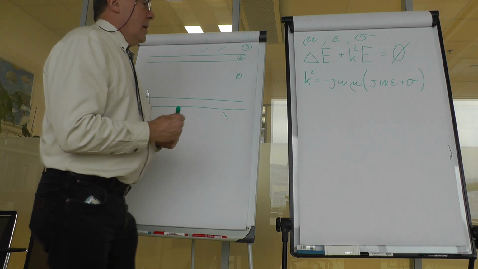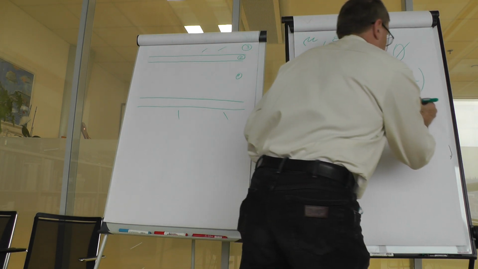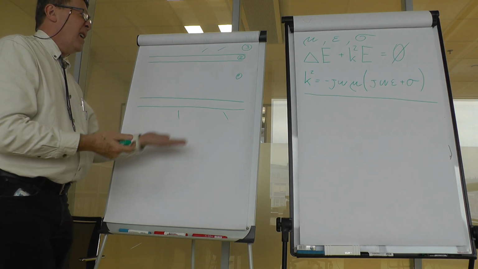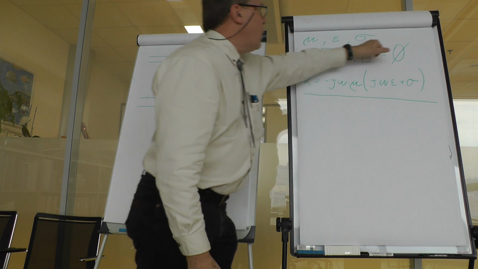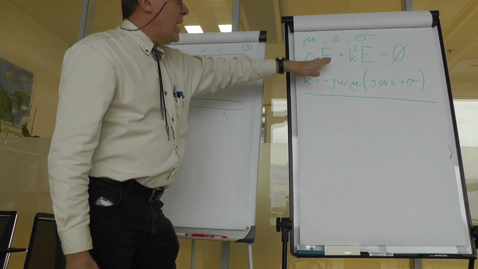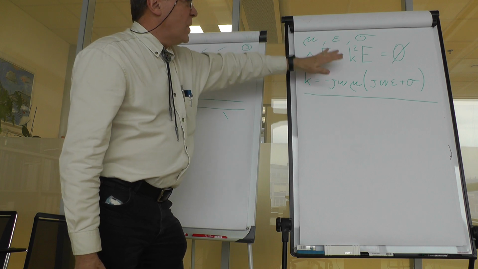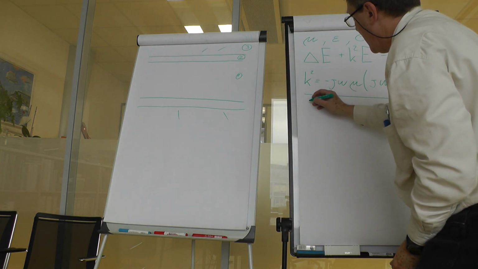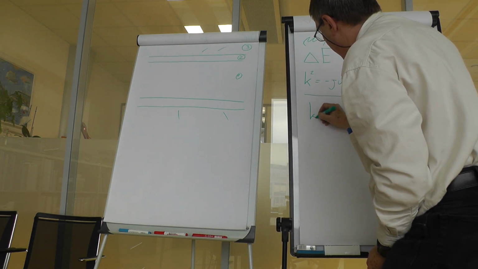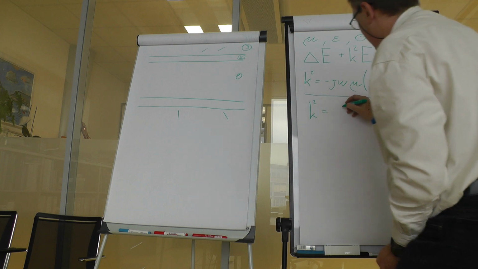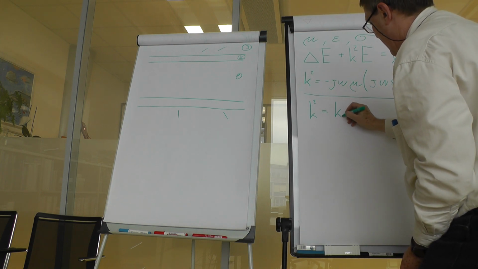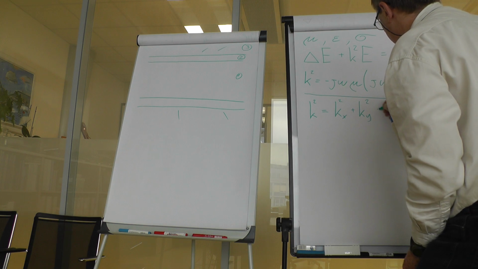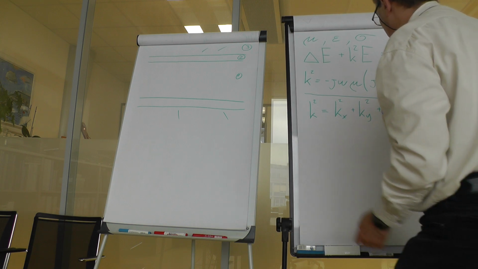Now, having this in mind, we can again remember this equation. In fact, we can rewrite it using a decomposition of the vector k into its three components, so that we will have k squared, which is k x squared plus k y squared plus k z squared.